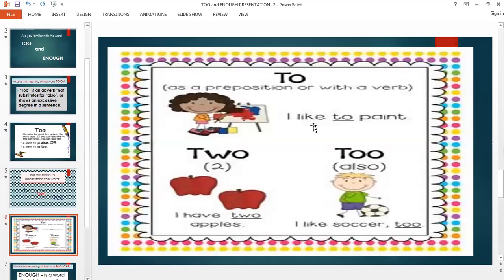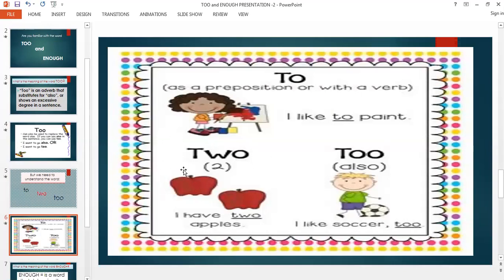"Like" can be a preposition or this can be part of a state verb because "like" is a feeling, where you are describing what the subject pronoun wants to do. "To" is a preposition and "paint" is the verb of the sentence. So, I like to paint. "To" is used as a preposition in this sentence.